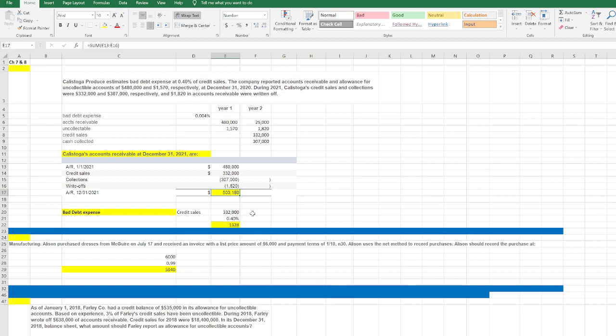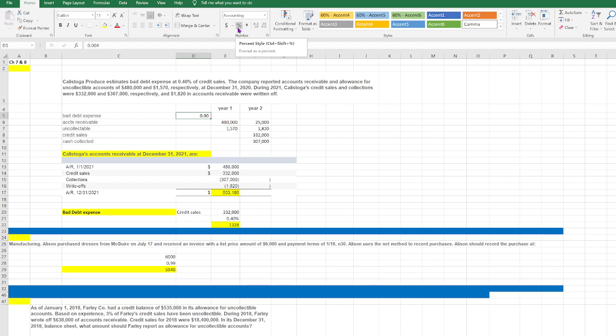But what if it wanted to know your bad debt expense? Because this exact problem asks you the accounts receivable, and it also asks you the bad debt expense. So I can go 0.4%, or I can go 0.004.